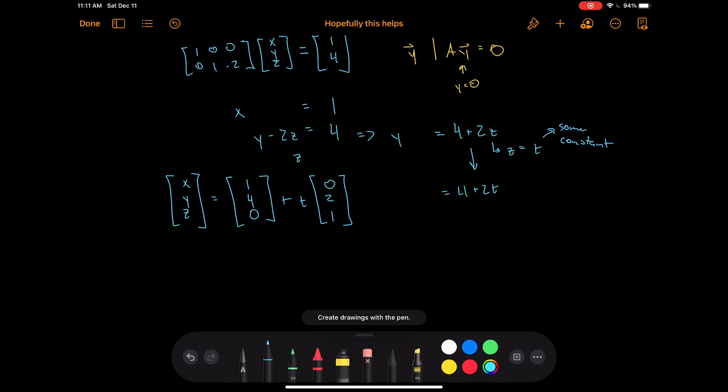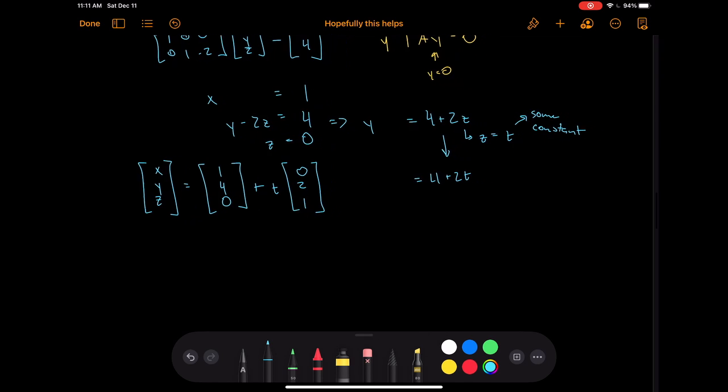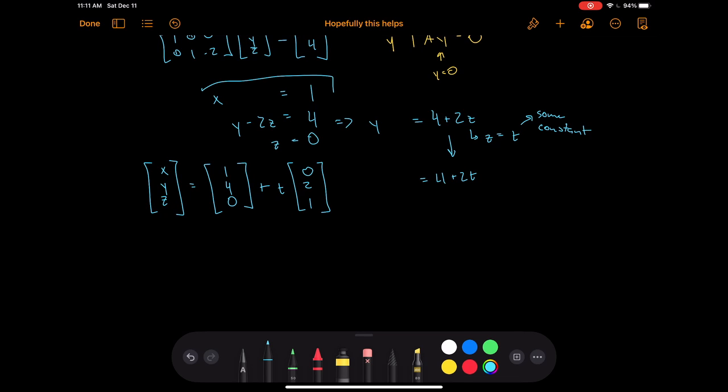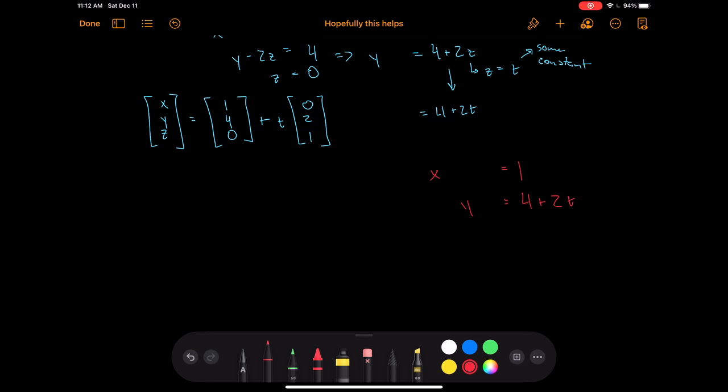And that would be our answer to this question. And so this makes sense because if we were to rewrite all this, I'm going to use a different color. It's going to be x is equal to 1, y is equal to 4 plus 2t, where we substitute z with t, and then z is just equal to t.